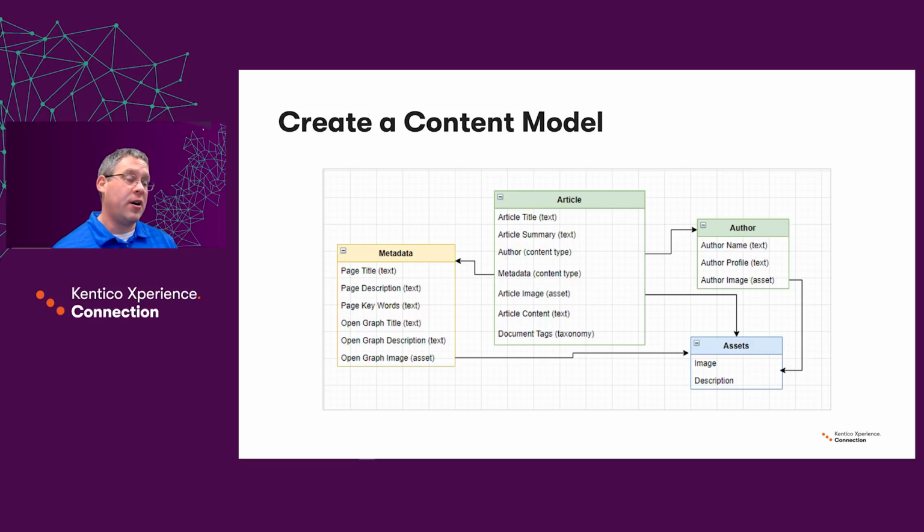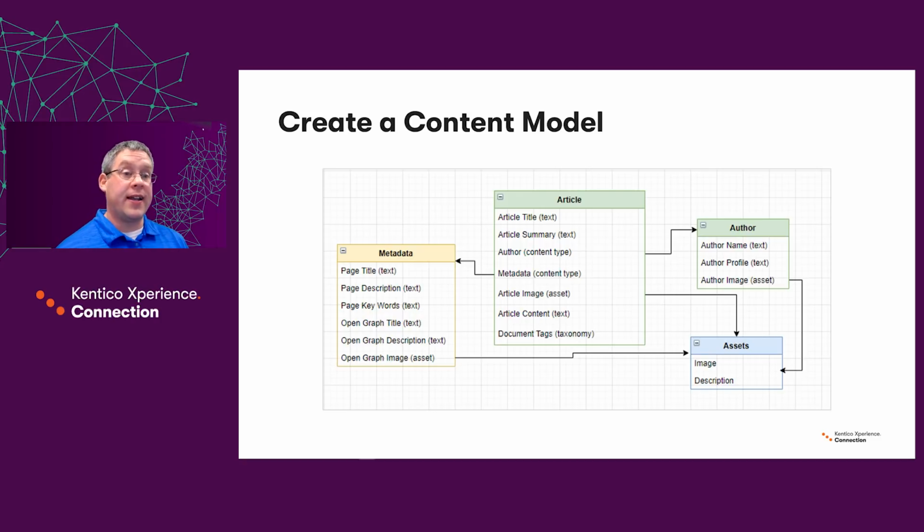So that arrow to author kind of represents a relationship between an article content model and an author content model. And those things all have images and assets. So that's kind of the arrows down there to the lower right of the diagram in terms of the assets that go with text and dates and everything that makes up content. I like that being separate.